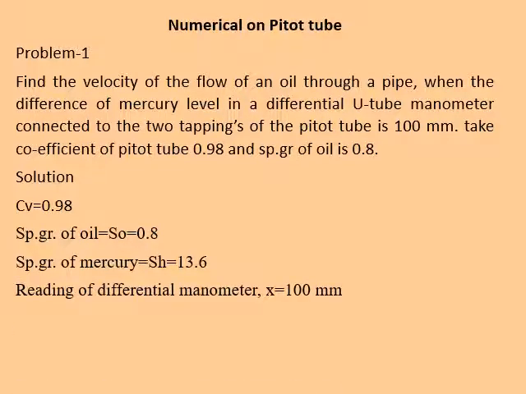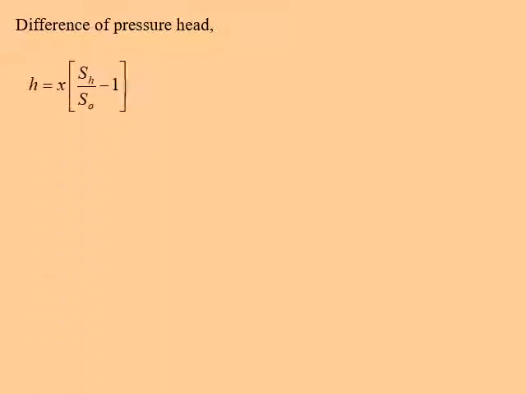The reading of the differential manometer is given as x equal to 100 mm. The difference of pressure head is calculated by using this available data. So now the difference of pressure head is given by h is equal to x into (S_h by S_o minus 1).